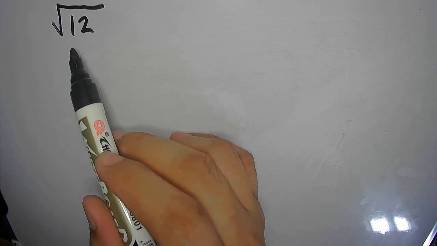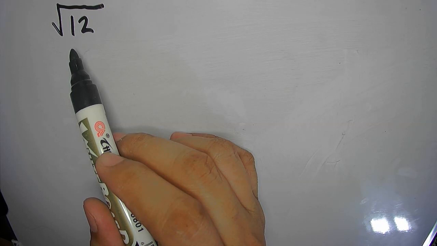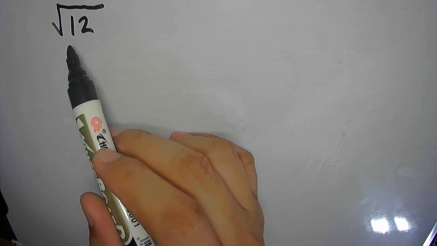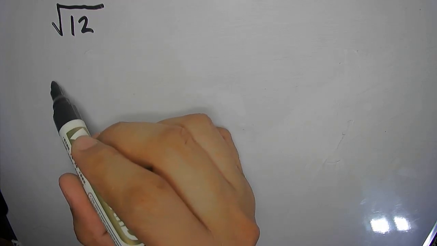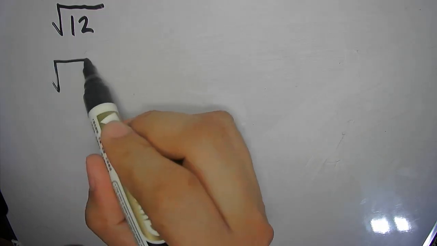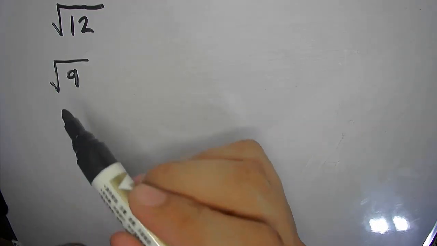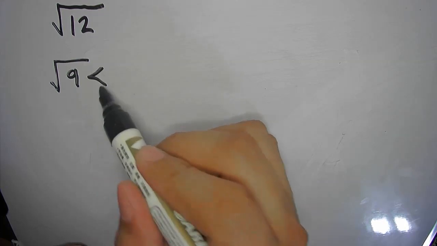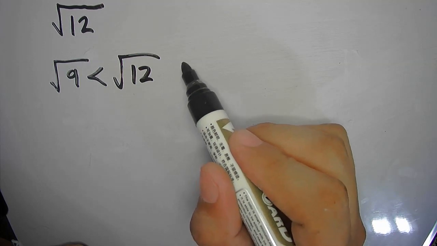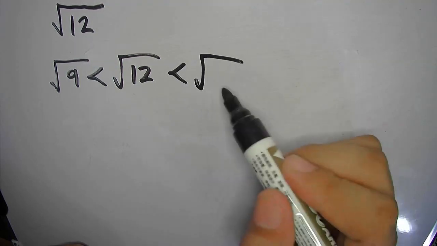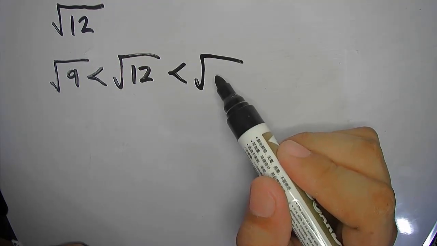Alam naman natin na yung square root of 12 ay bago mag-square root of 9. Okay? So, square root of 9 is lesser than square root of 12, but square root of 12 is lesser than rational square roots.